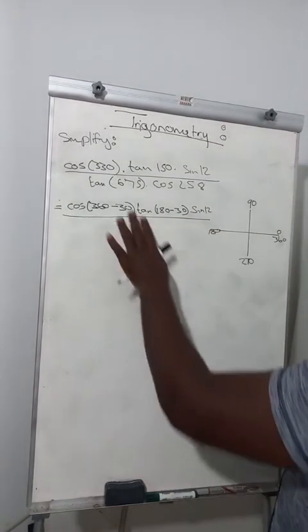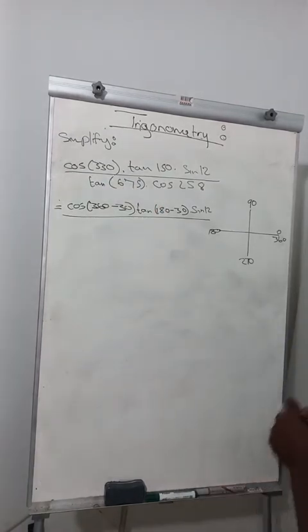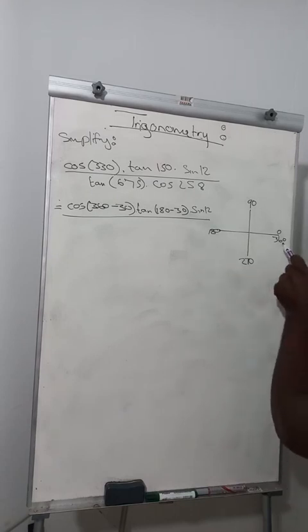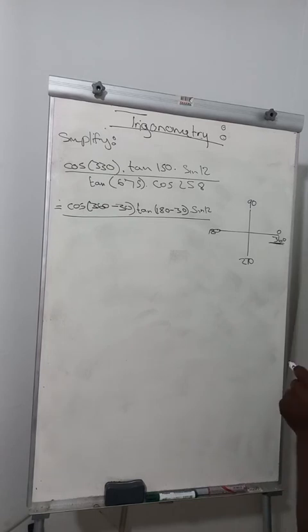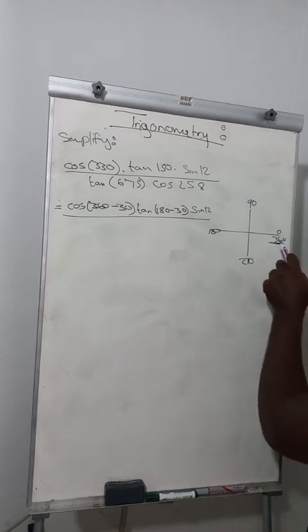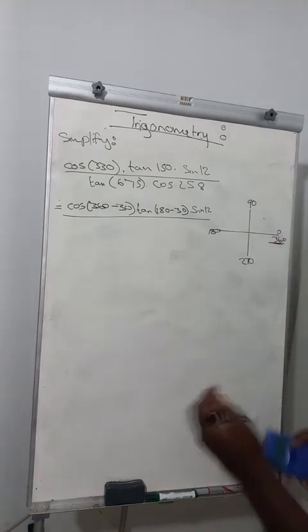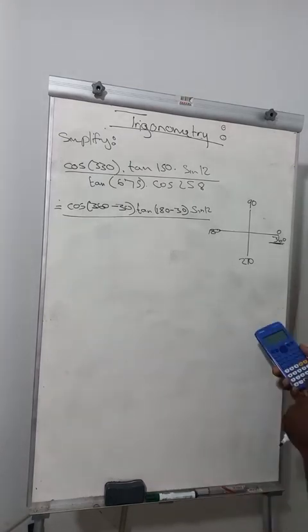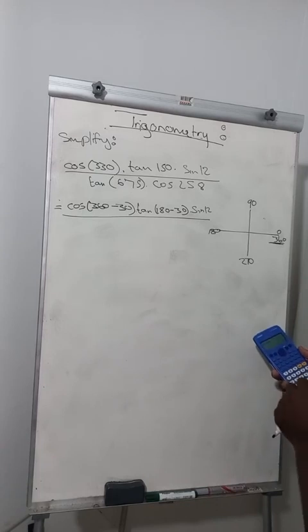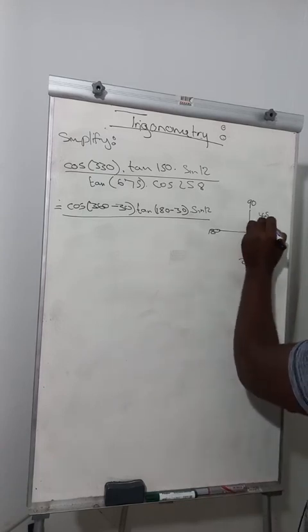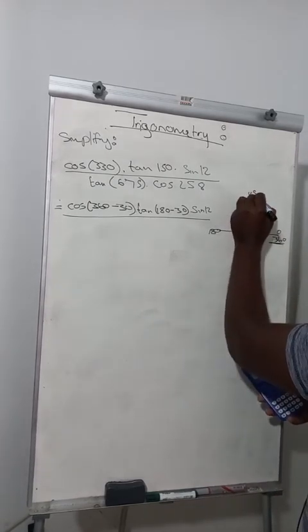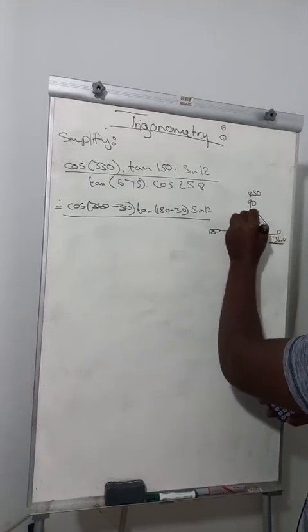Now when we come to this part, it brings us to the Cartesian plane. Do you see that the Cartesian plane here ends at 360? But if we add 90, we come back to the first quadrant. So 360 plus 90 gives 450, which is here.